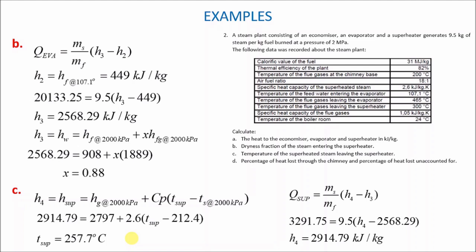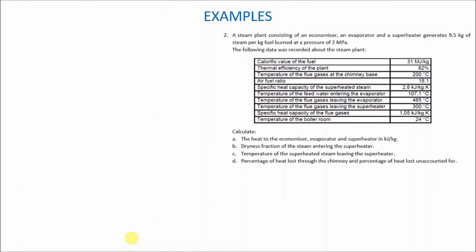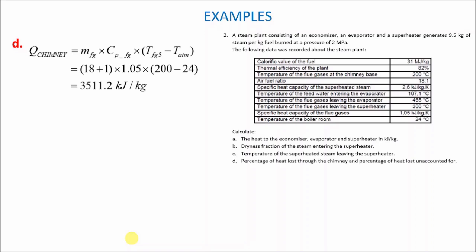Lastly, D, we have to find the percentage of heat lost through the chimney and the percentage of heat lost that has not been accounted for. The heat lost through the chimney, you can find it using that equation for the heat lost through the chimney, or the heat absorbed by the chimney.